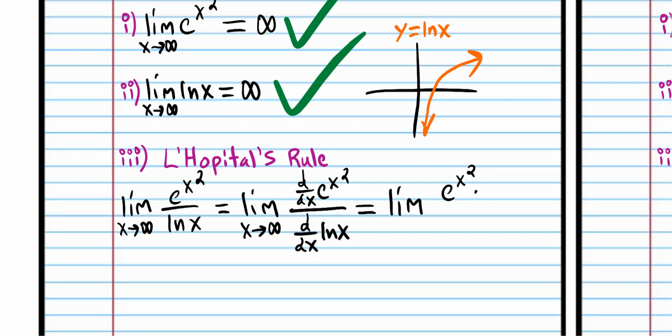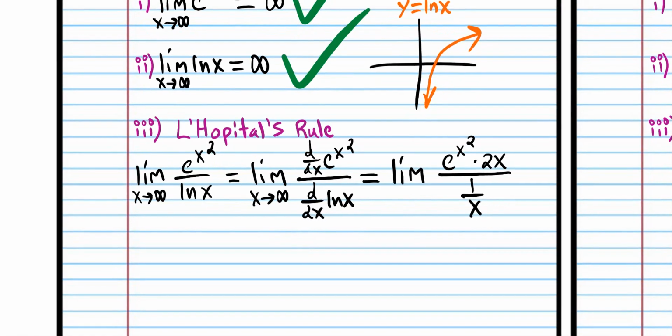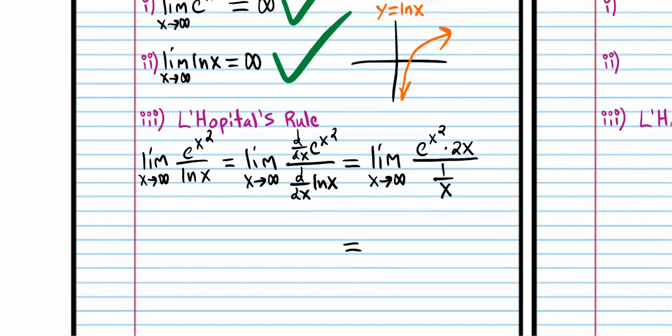So the derivative of x squared is 2x. And the derivative of natural log x is 1 over x. Okay, so now we need to simplify the complex fraction, and you should know how to do that by now.